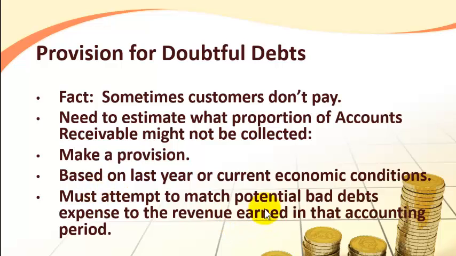But to come back to the matching, a debt which could be classed as doubtful and provide a potential expense, we must attempt to match that potential expense in that accounting period to the corresponding revenue. So if a sale is made in one accounting period and there's a potential for that sale to go bad, or any potential sales to go bad, then the provision for doubtful debts creates a doubtful debts expense in that particular accounting period to ensure that the matching occurs.